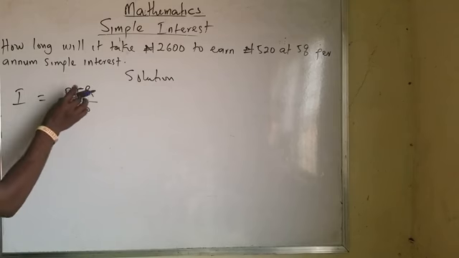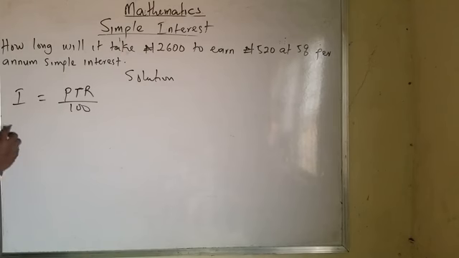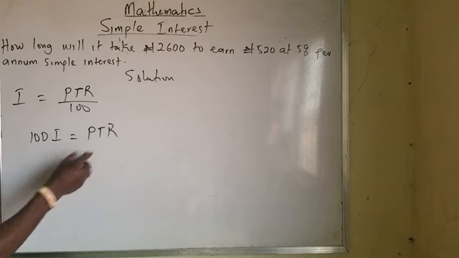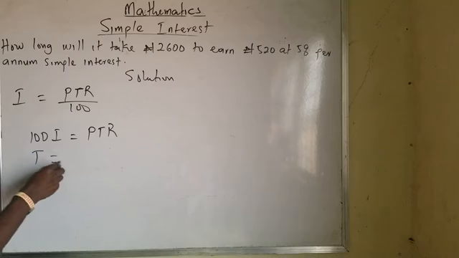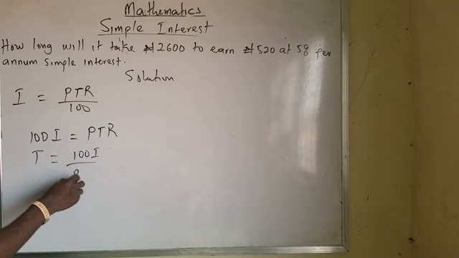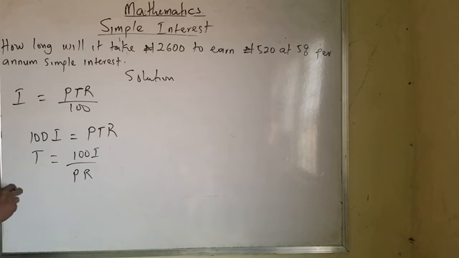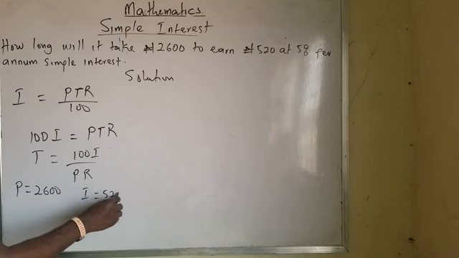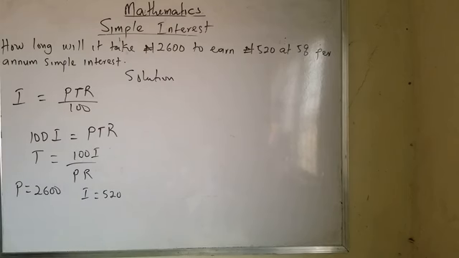Making the time the subject, I cross multiply by 100, so 100 times interest equals principal times rate times time. Time T will be equal to 100 times interest divided by principal times rate. We know my principal is 2,600, my interest is 520, and my rate is 5%.